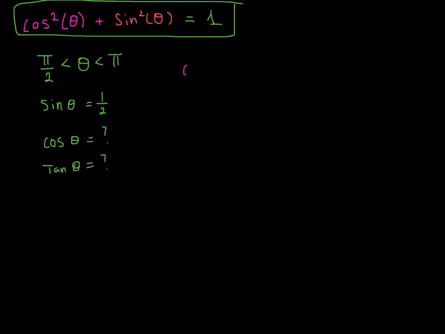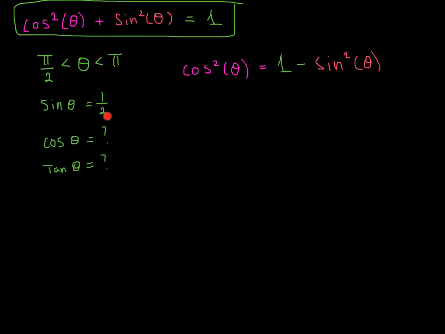We know that the cosine squared of theta is equal to 1 minus the sine squared of theta, right? That was what we just solved for on the last page, just by subtracting sine squared from both sides.